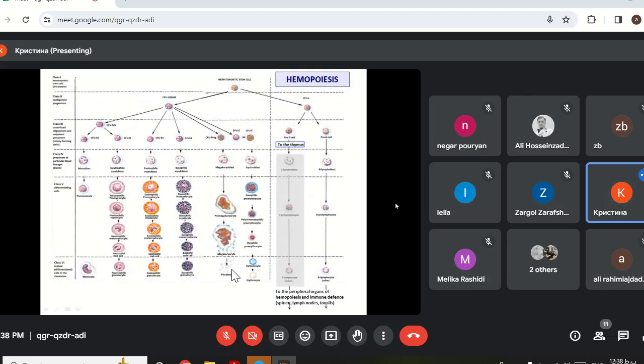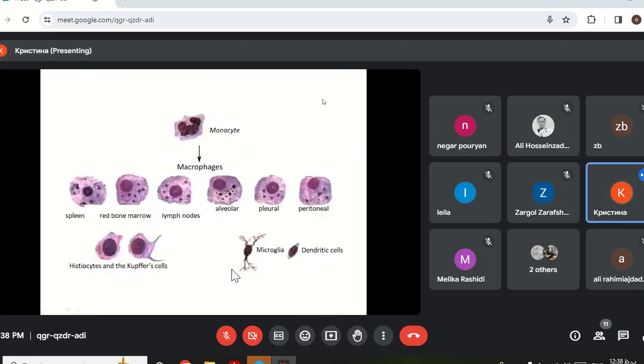So about the T and B cells, as I said previously, B cells continue their development inside red bone marrow, but T cells from class 3 go out from red bone marrow to thymus, and there they develop up to class 6. And then both T and B cells go to peripheral organs of immune defense, spleen, lymph nodes, and tonsils, and complete their differentiation.